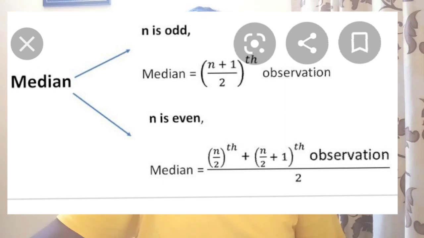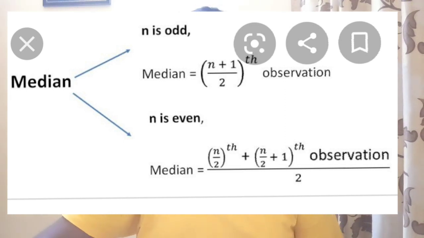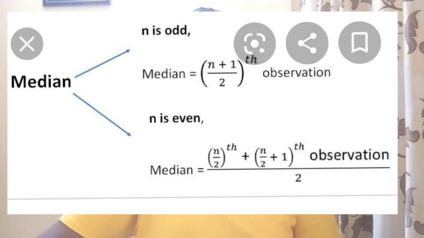Whereas in the second case, as we said, the number of values in the observations is even, where the formula is the n by 2th plus the (n plus 1) by 2th, which equals the median. The answer which we get is the position of the two numbers, which we should divide by 2, and then we get the exact median of the data.